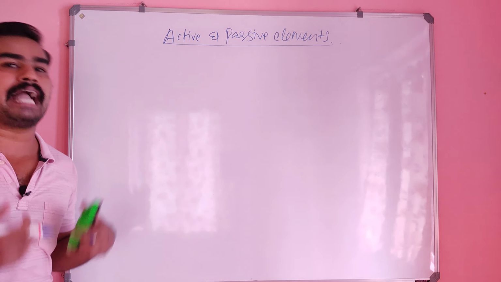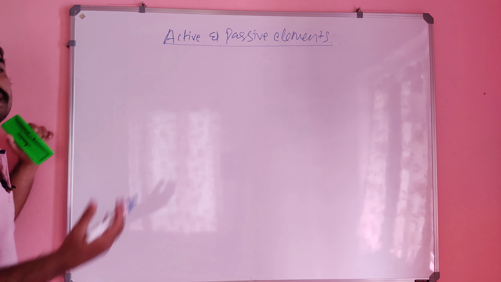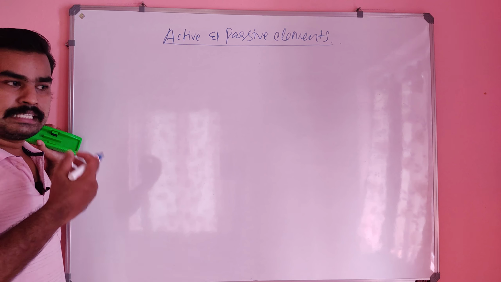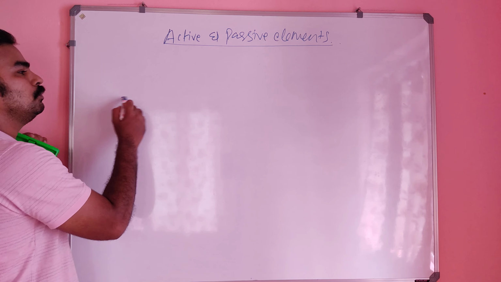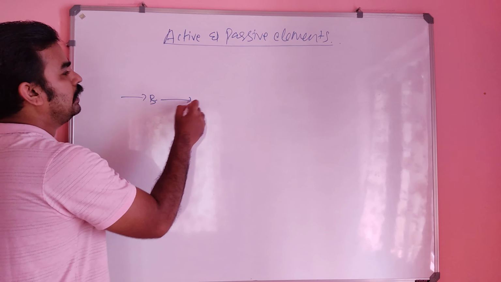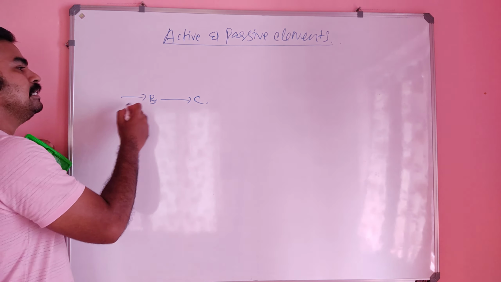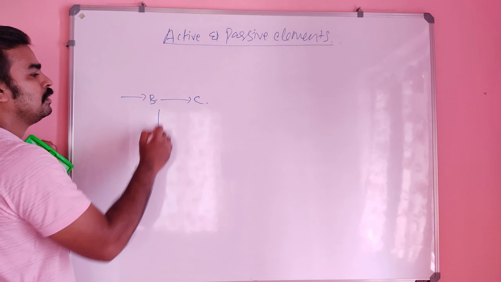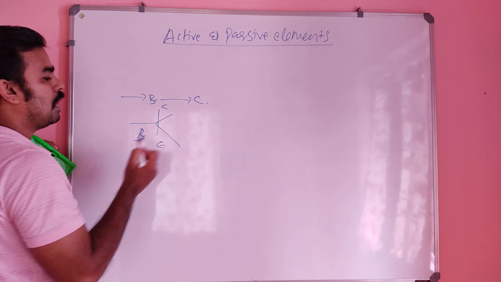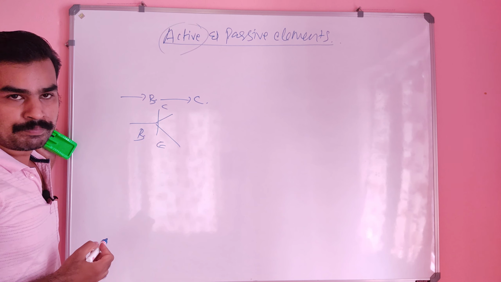For example, suppose we are dealing with transistors. A transistor is an active element because suppose we are giving a small input to its base junction, then there will be an amplified version at the output terminal, the collector terminal. So this is our transistor, with collector and emitter. Our transistor will be an active element.